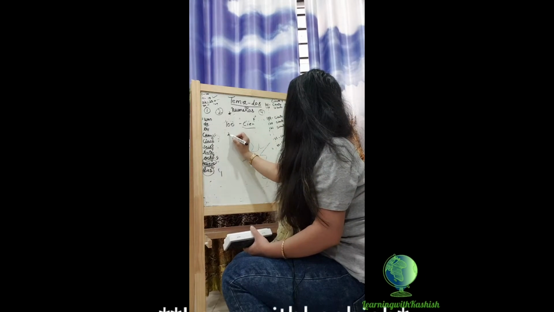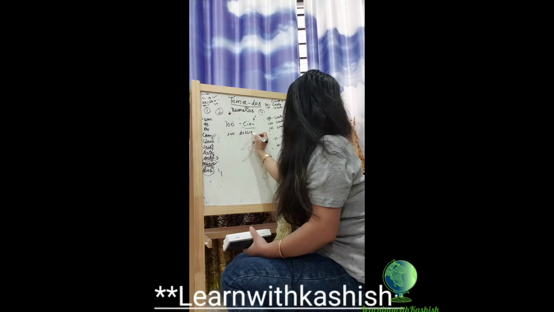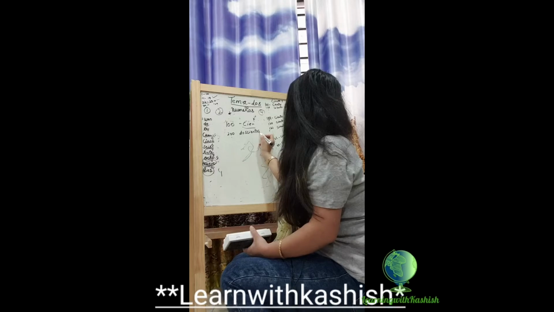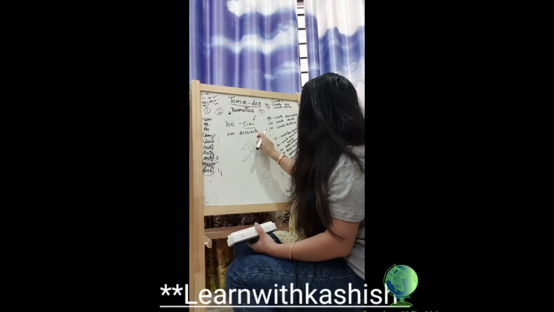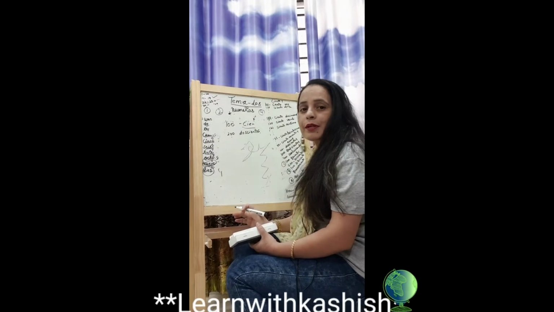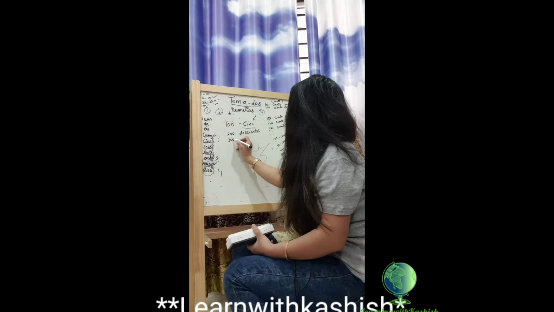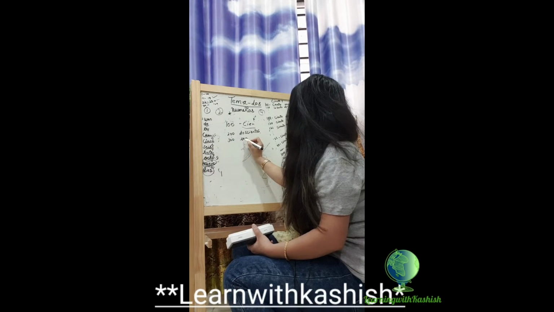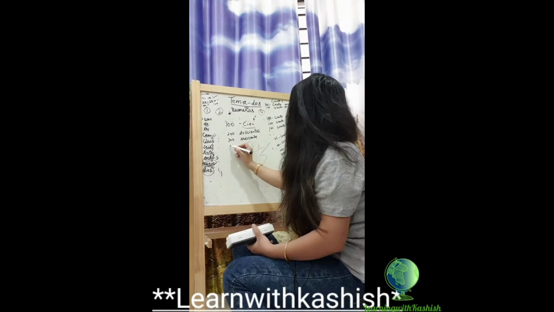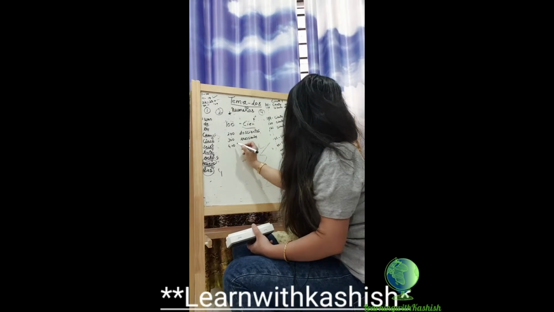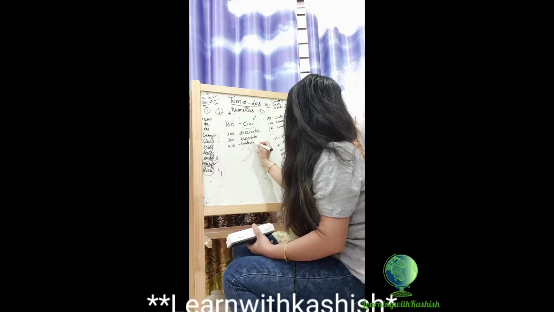So for 200, doscientos. Sometimes we write 200 and forget to write s here. So always remember this is a plural, 200. Similarly, 300 is trescientos. 400 is cuatrocientos.